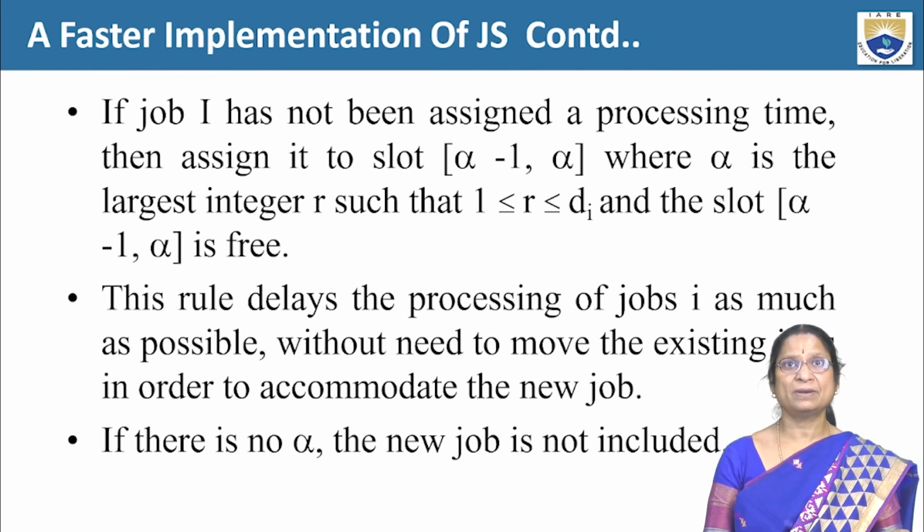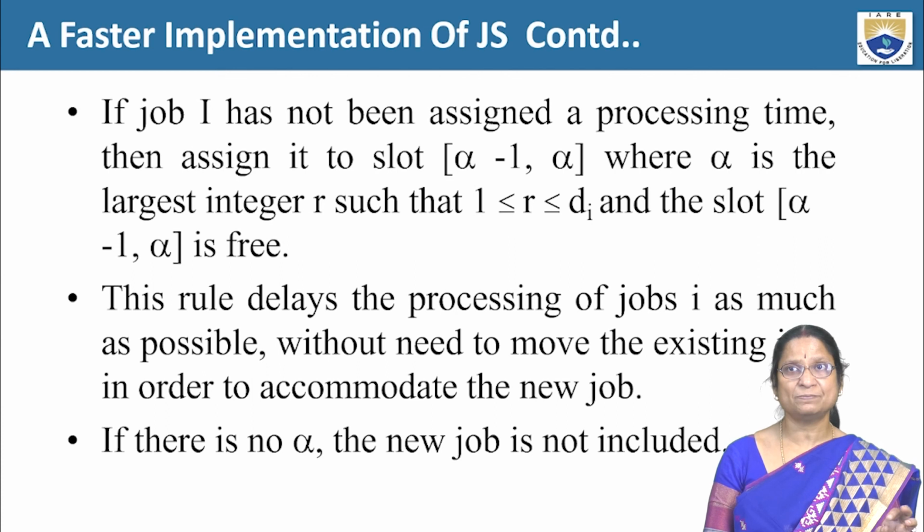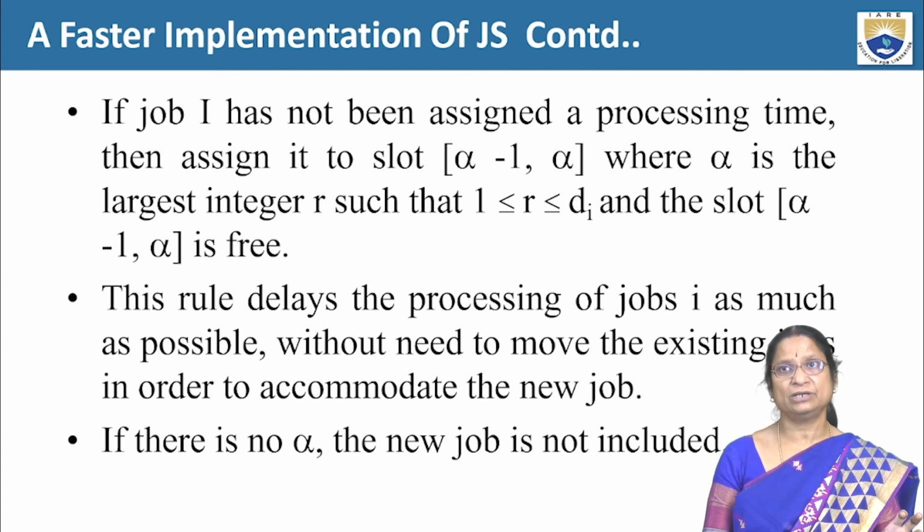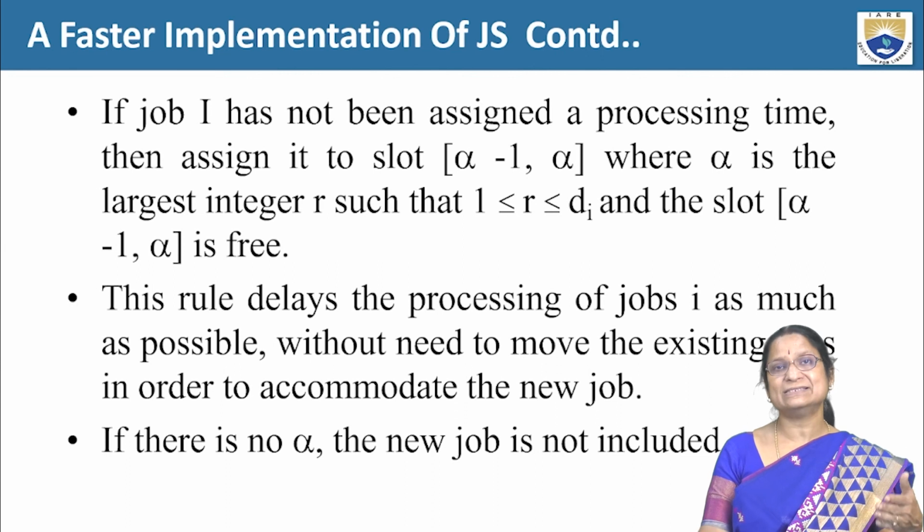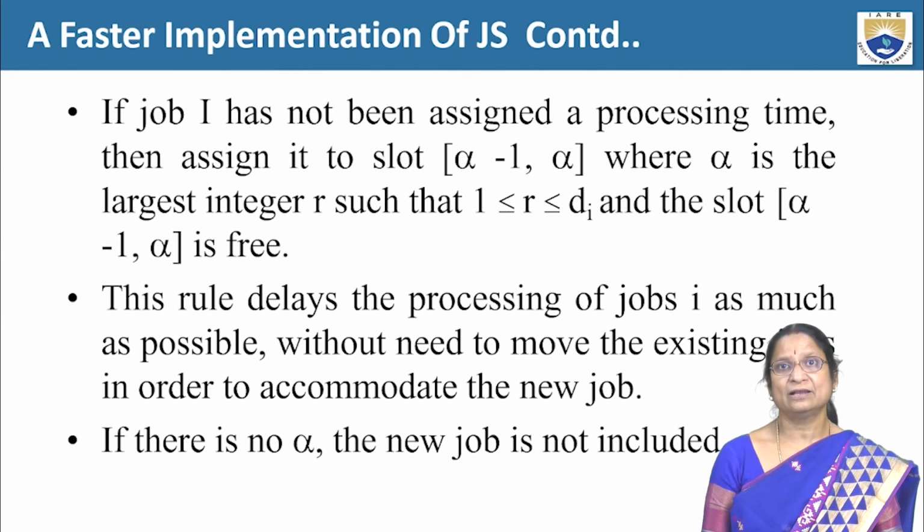If the slot alpha minus 1, alpha is free, then only it is allocated. Because of this rule, it delays the processing of job i as much as possible without moving the existing jobs further. So the algorithm can be improved.